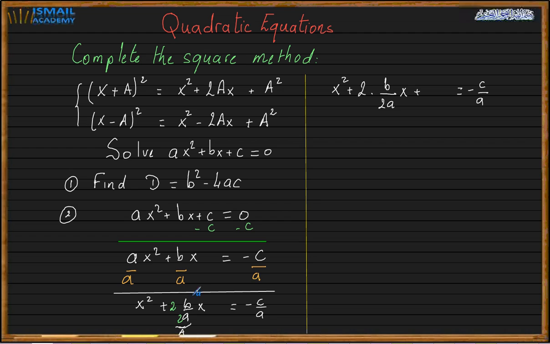Now you see what I need is a square, and you know that this is my a, this is my big A. If I have an equal sign and I add something on one side, I need to add the same thing on the other side to keep the equality true. So I will add b over 2a squared on both sides.